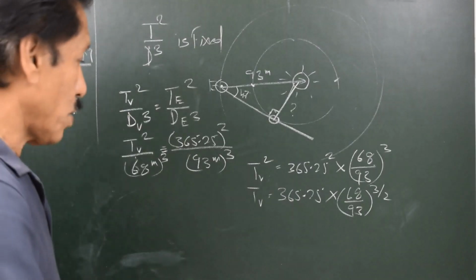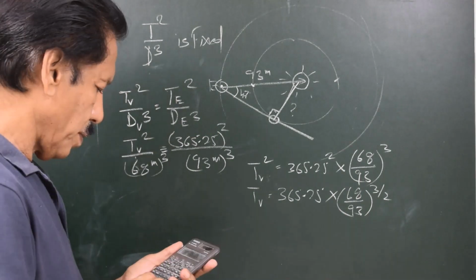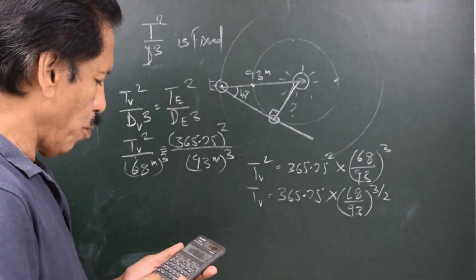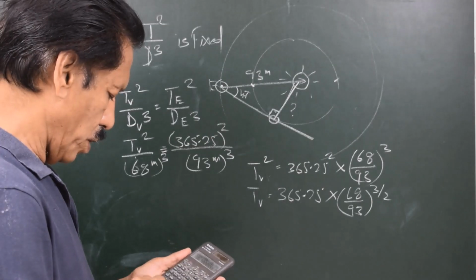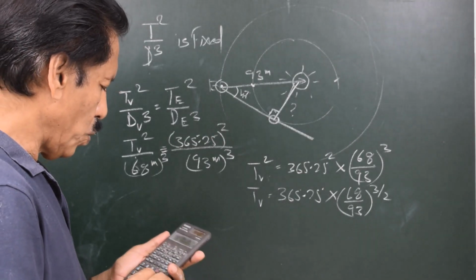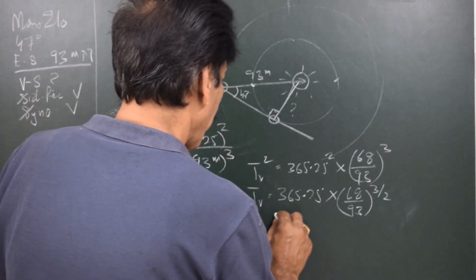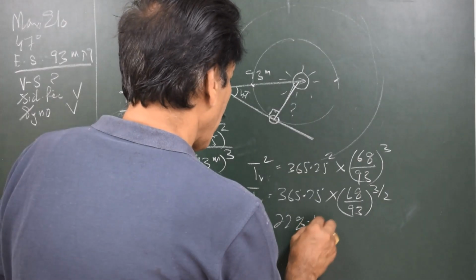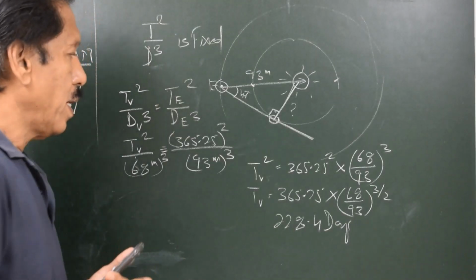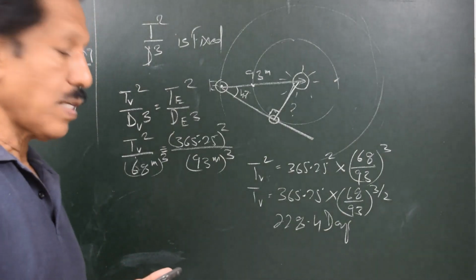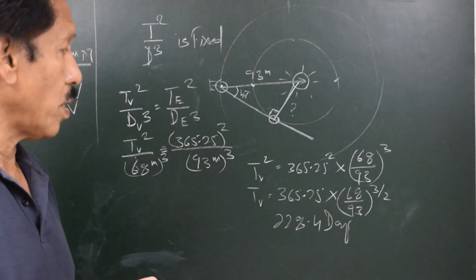So let's solve this. This gives me 0.625. Multiplied by 365.25 gives me 228.4 days. So this is what we get, the sidereal period of revolution of Venus.